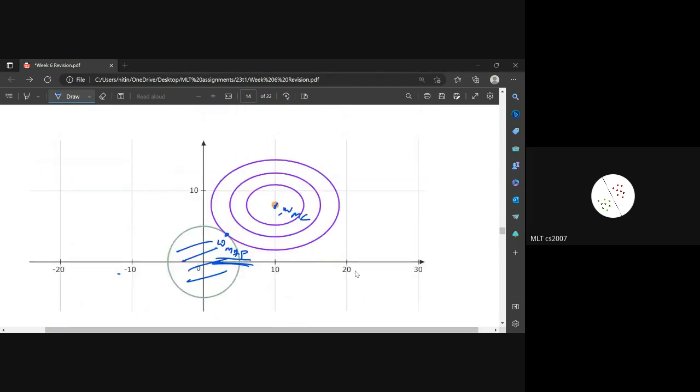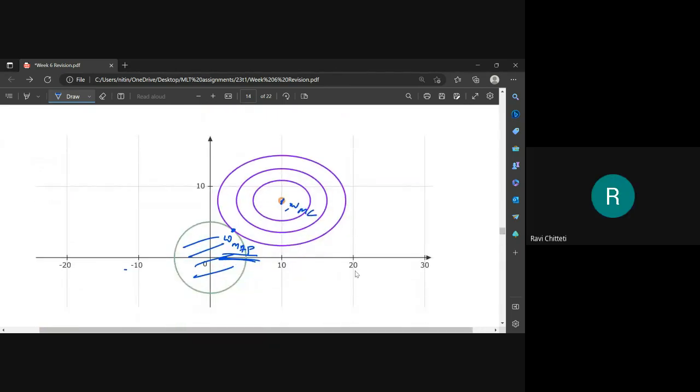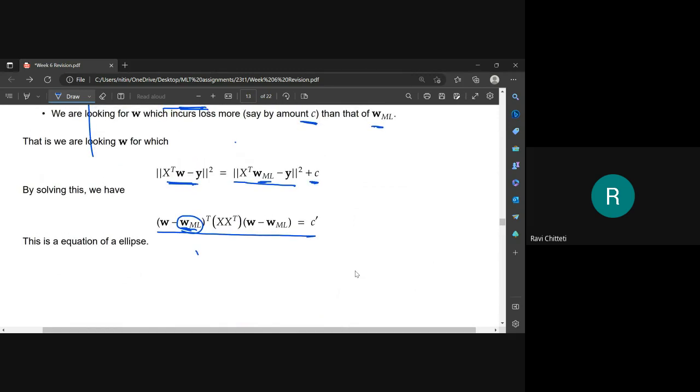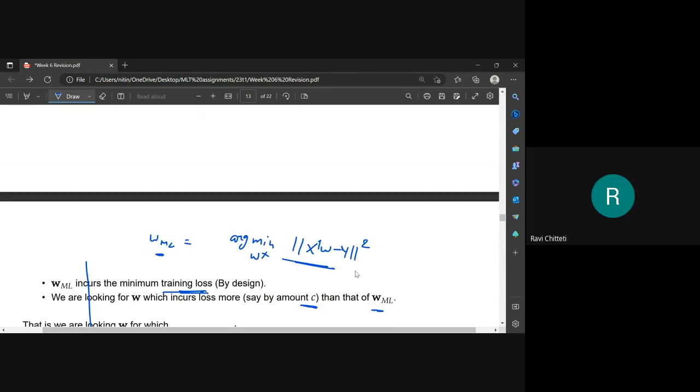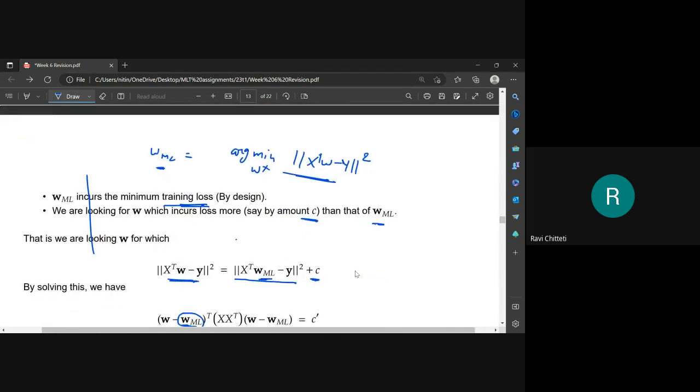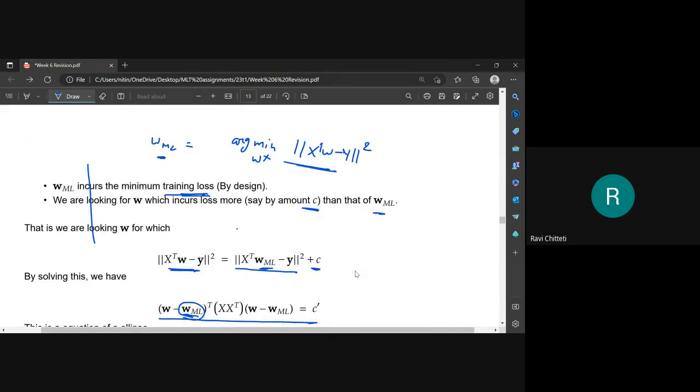Okay. Any doubt till this point? Yeah. Can we go and see those equations that you wrote up there for the optimization, please? This one. What's your doubt here? I'm computing the same function, just assuming that a W is not exactly equal to WML.